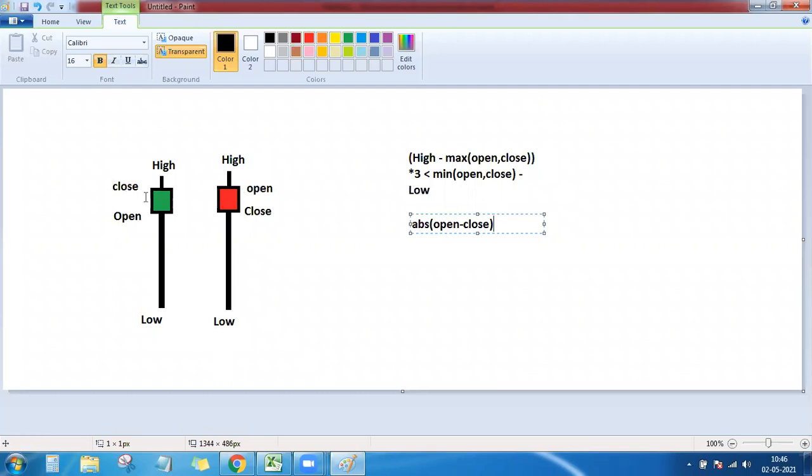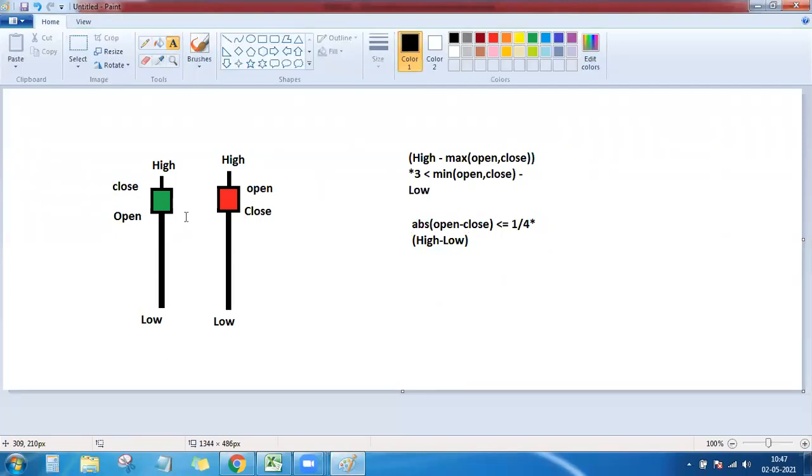If open is at the bottom, since we are taking the absolute value, even that also will be a positive figure. Now this should be less than or equal to 1/4 of the total candle size, which is the high minus low. So this is the characteristics of a hammer. One is you are saying that the body should be at the upper end.